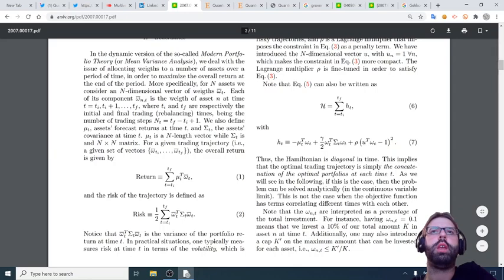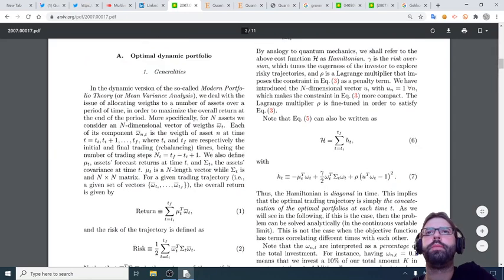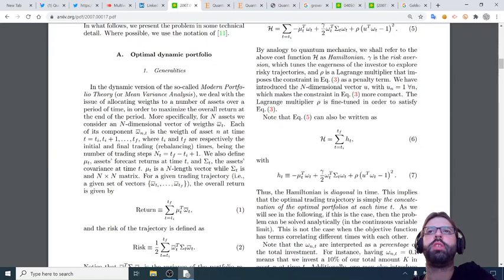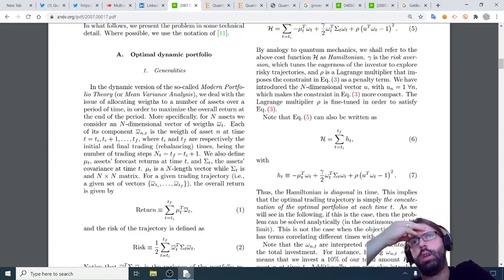So you're always multiplying it by w sub t, which is the vector that encodes the percentages of your investment.